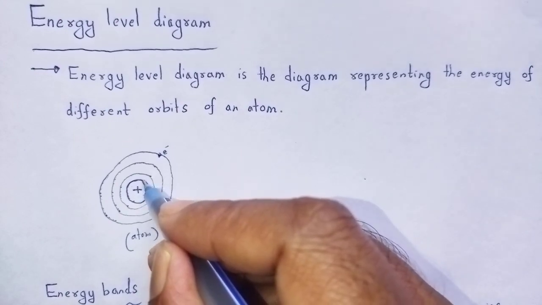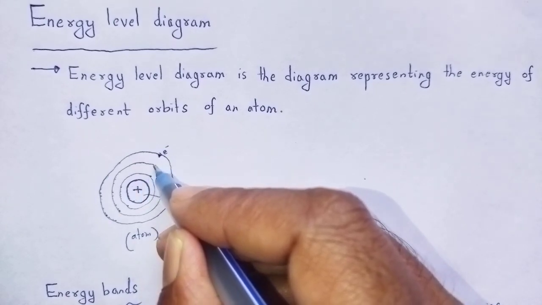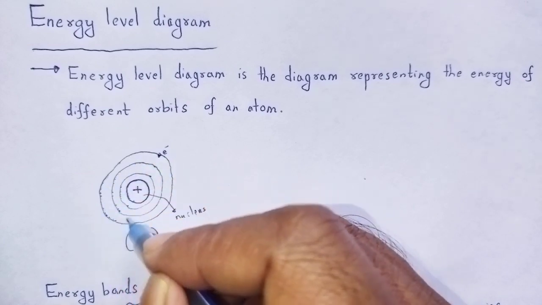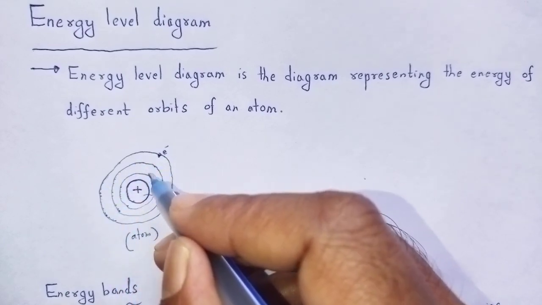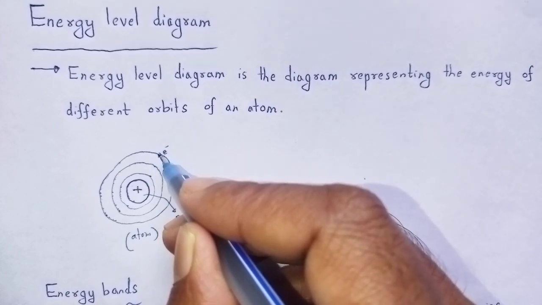If the radius of a particular orbit is large, accordingly greater will be the energy of the electron present on that orbit.